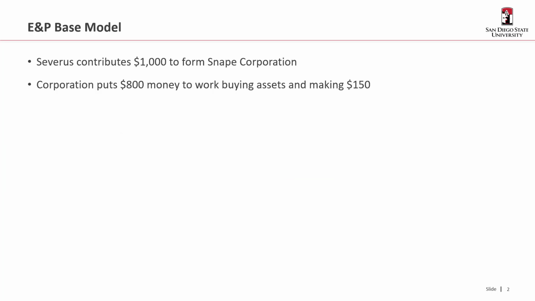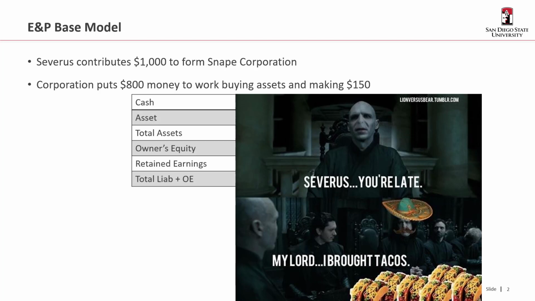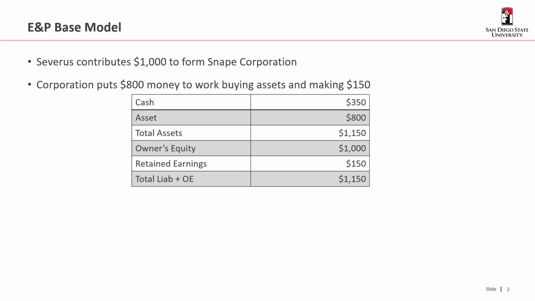So let's instead assume that Severus contributes $1,000 to form Snape Corporation. And what Snape Corp does is it puts $800 of the money to work immediately by buying some assets, and then it generates income of $150. So its balance sheet at the end looks something a little bit like this.